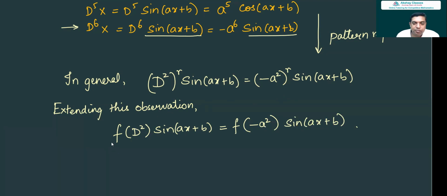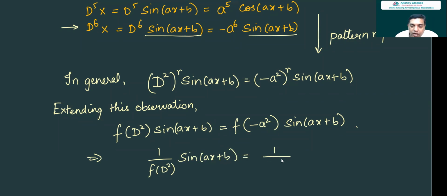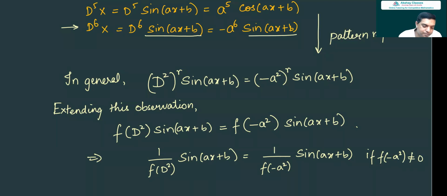So now operating both sides, from this we get 1 by f of d square sine ax plus b is equal to 1 by f of minus a square sine ax plus b, if f of minus a square is not equal to 0.